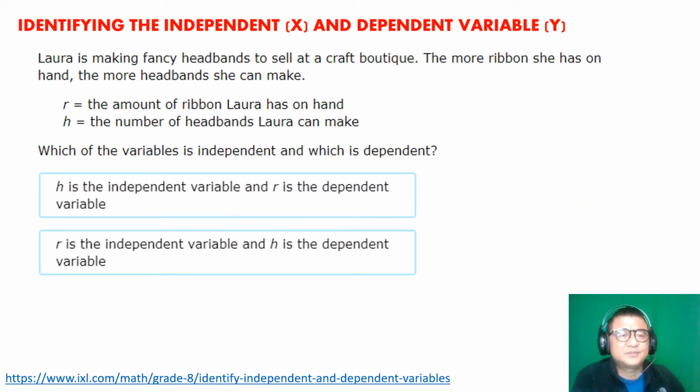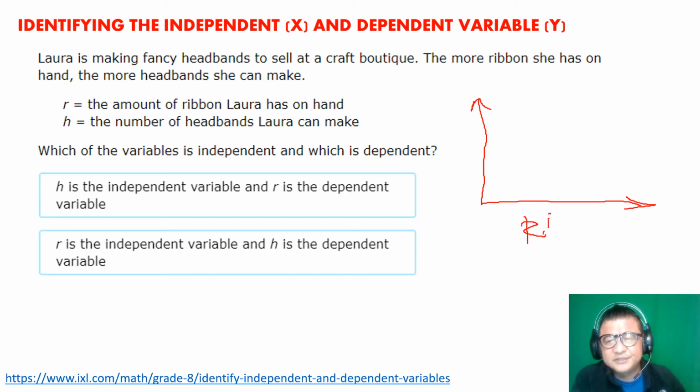Okay, next. Let's try the next one. Laura is making fancy headbands for the hair to sell at a crafts boutique. The more ribbons she has on hand, the more headbands she can make. So, if you're going to graph that, where will be the supply of ribbons? Ribbons could be any number.